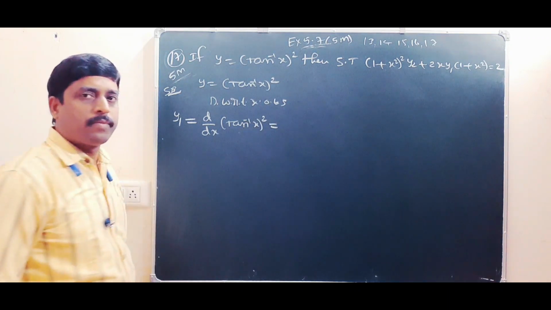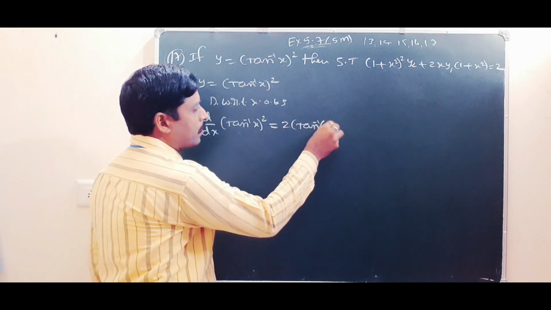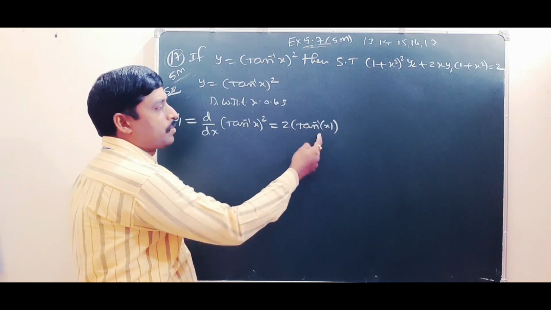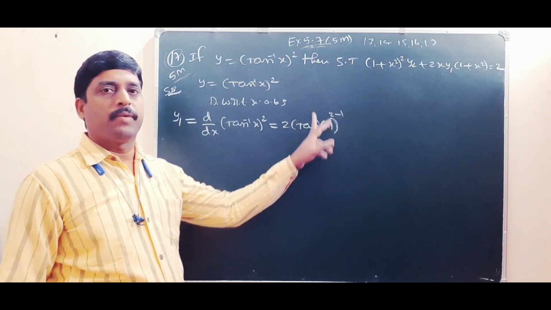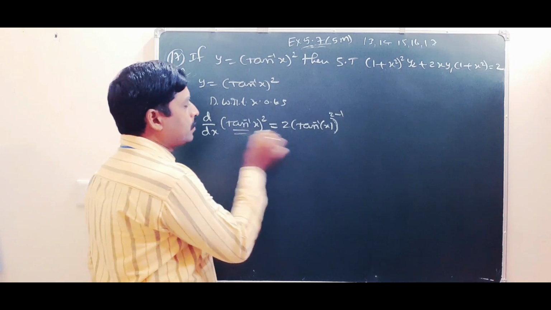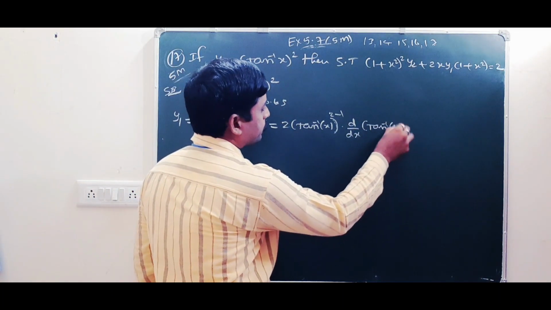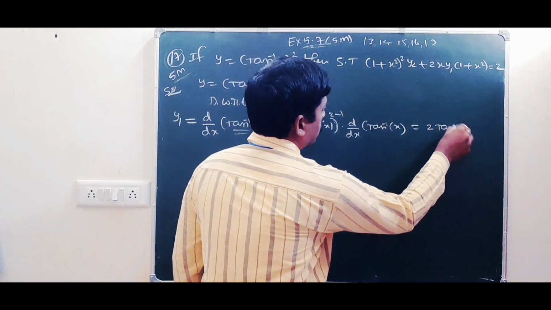Differentiation of tan inverse x whole square is 2 tan inverse x, by using the formula for differentiation of x to the power n, which is n into x to the power n minus 1. So 2 into tan inverse x to the power 2 minus 1, into differentiation of tan inverse x. So 2 times tan inverse x.